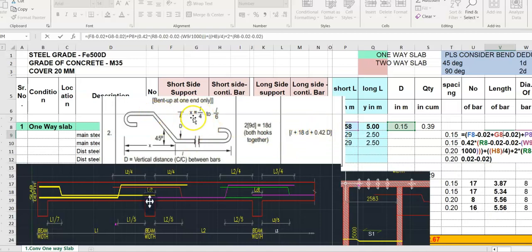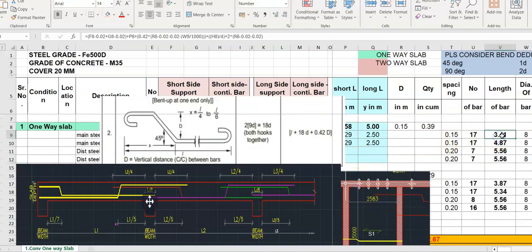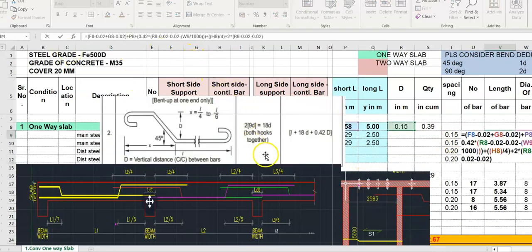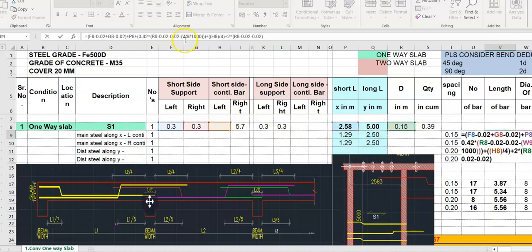D is from this to this. Here we consider total slab depth minus both side cover minus this dia, one side dia. Okay. Here is 0.42D. Okay.